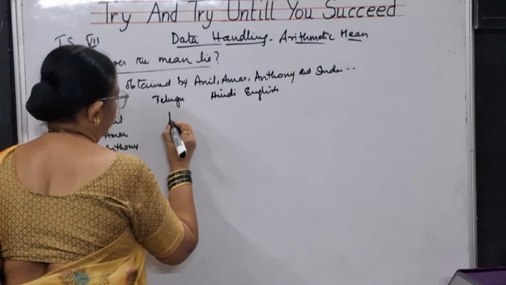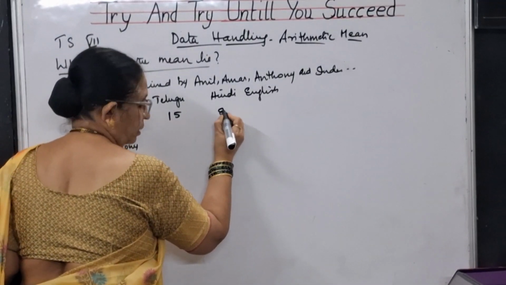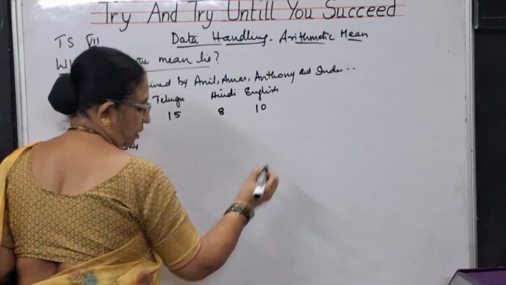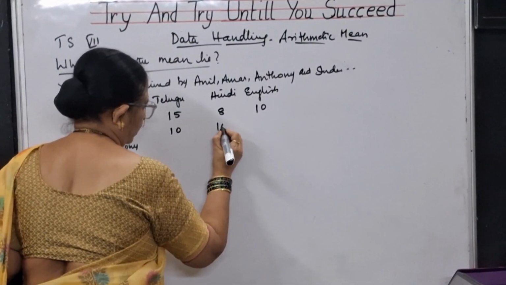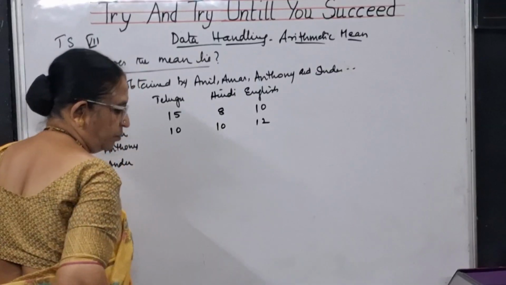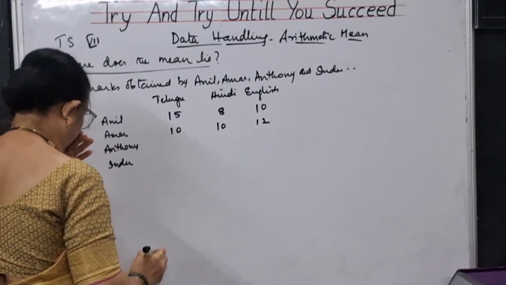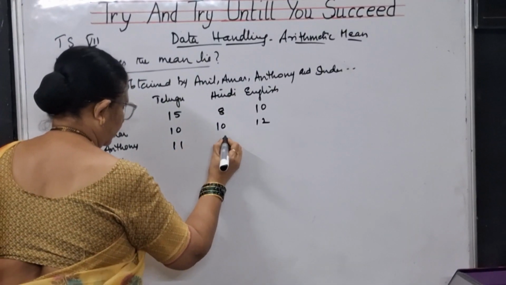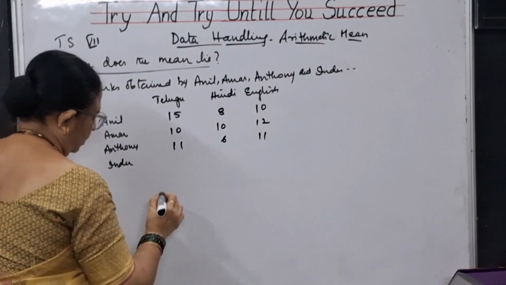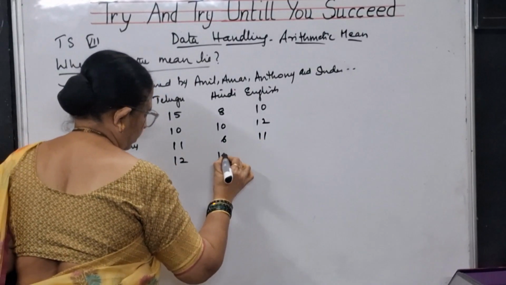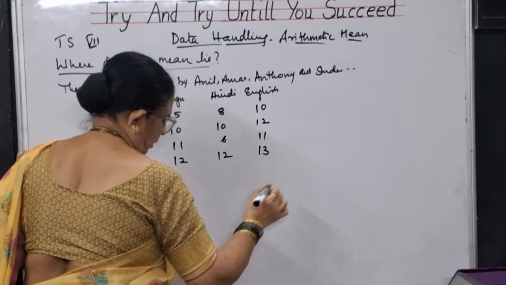Telugu: Anil got 15, in Hindi 8, in English 10. Amar 10, 10, 12. Anthony 11, 6, 11. Inder 12, 12, 13.